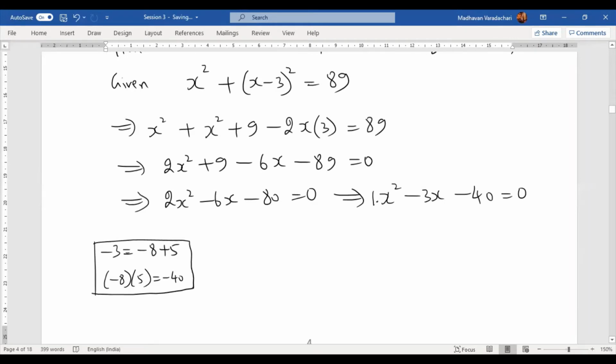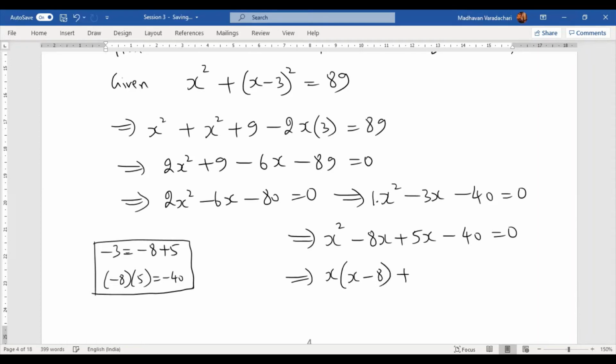That means using factorization, I will rewrite this as x square, then I will write minus 3x as minus 8x plus 5x minus 40 equal to 0. So now let us consider common element in these two. Common element in these two is x. Take x outside, x minus 8. Here common element is 5.